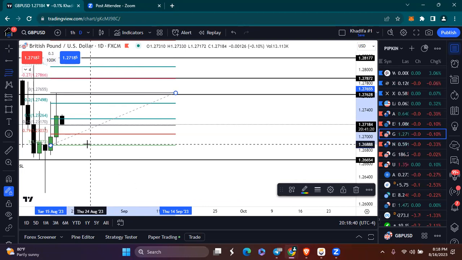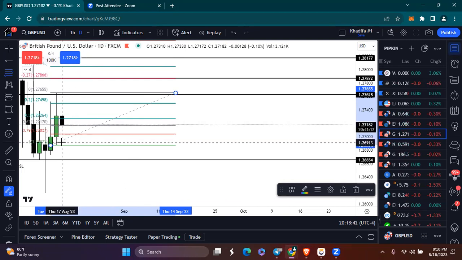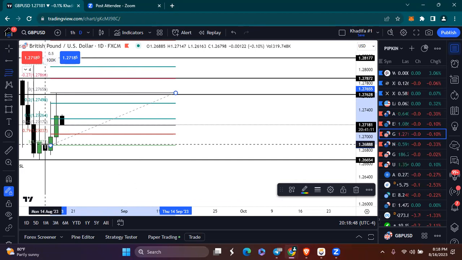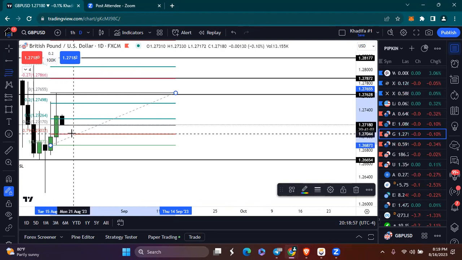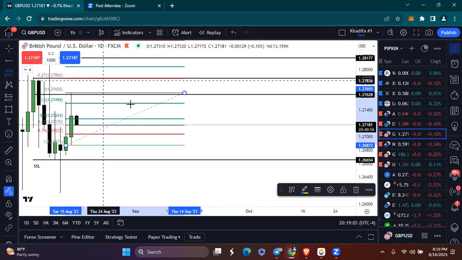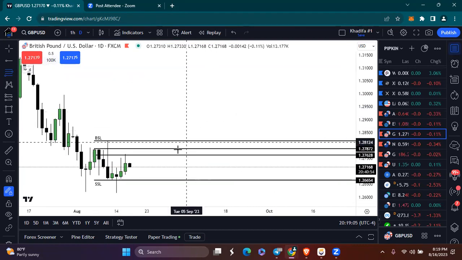So let's see if we pull that down to the 79, and I wouldn't mind seeing it pull back down to the top of Monday's candle, finding support right there. But if we find support at the 79, that's even better. That lets us know that pound is going to reach up for that upper PD array up here.